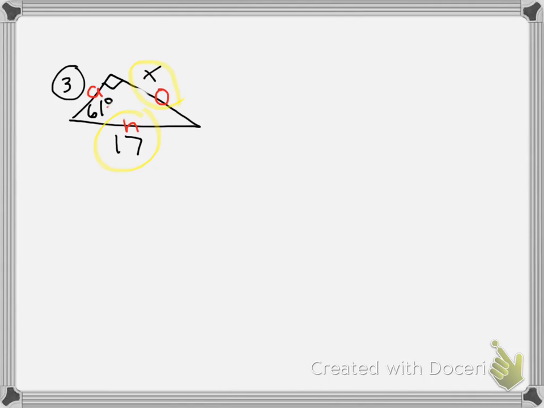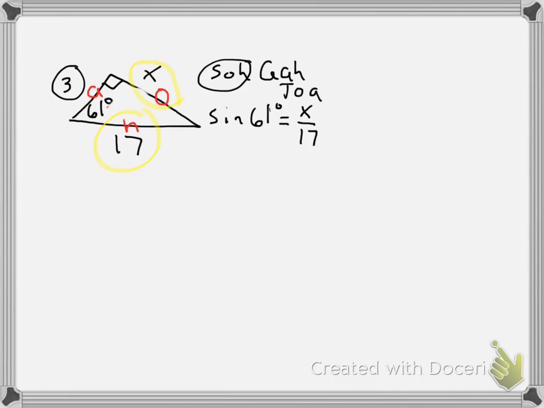So we'll go back to SOHCAHTOA. Since I need O and H, that's going to be this one right there. So let's write that: sine of 61 degrees equals the opposite, which is x, over the hypotenuse, which is 17. Again, we could put this over 1 if we wanted to, but I'm not going to leave it there.